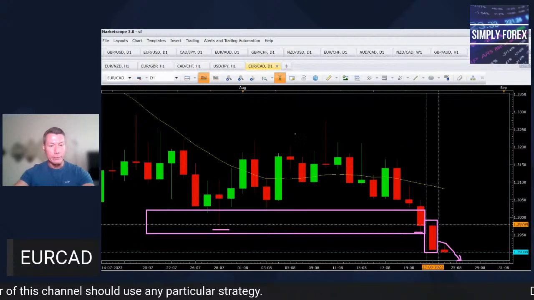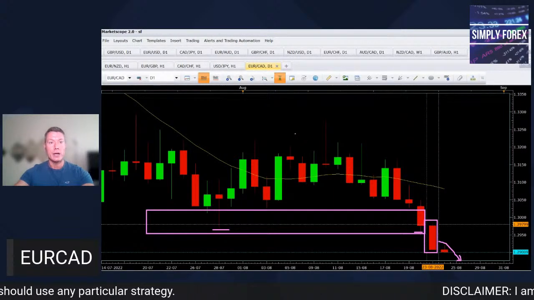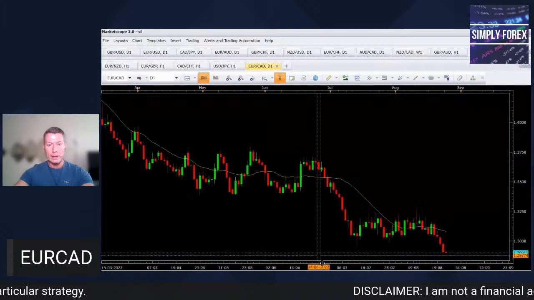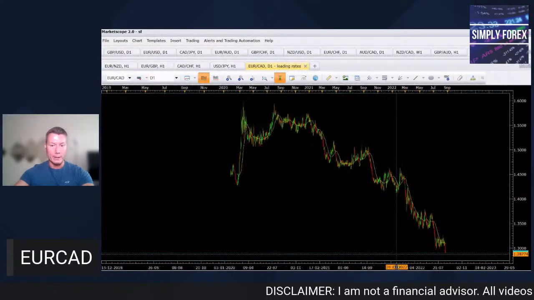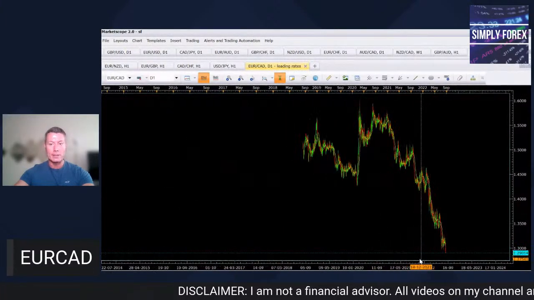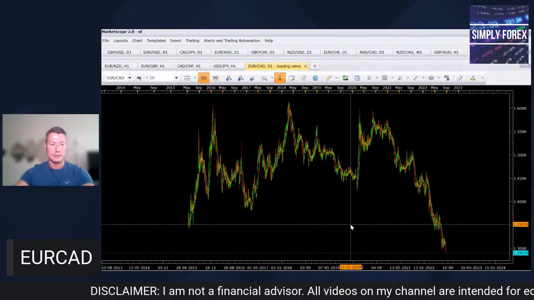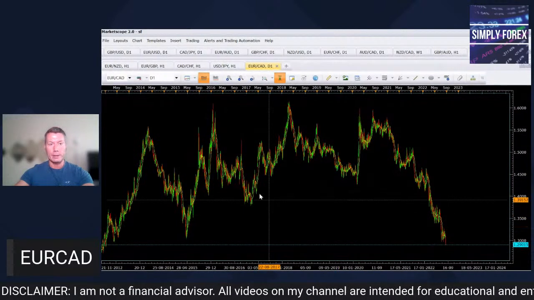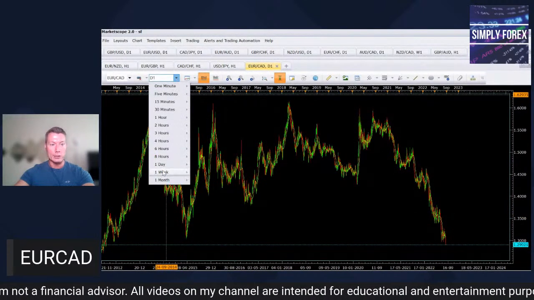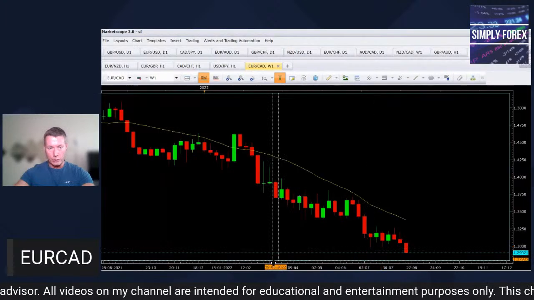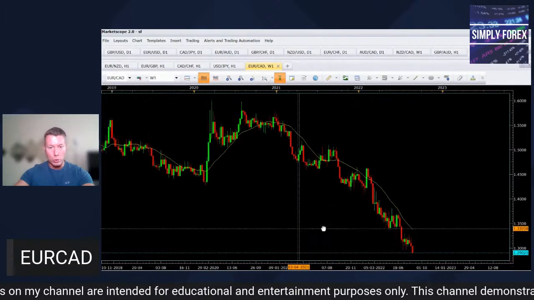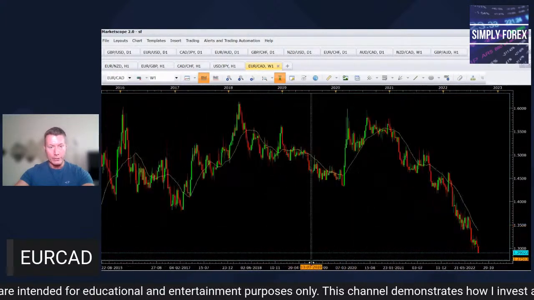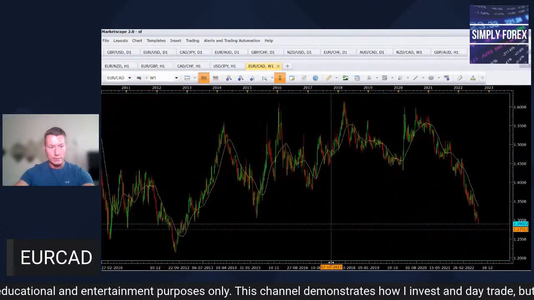The problem you have with a trade like this is finding the target, because on the day chart, you've got to zoom out, you've got to go back to 1973. I'm exaggerating. We haven't got to go back that far. But if we look at the weekly chart, you're looking for the next logical area where we could find a short. Okay.